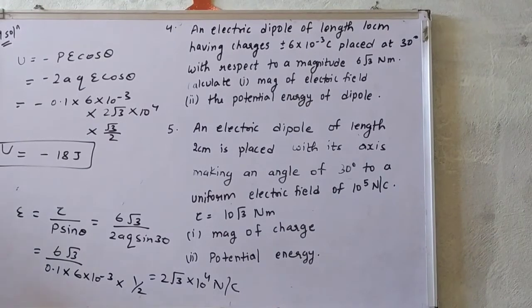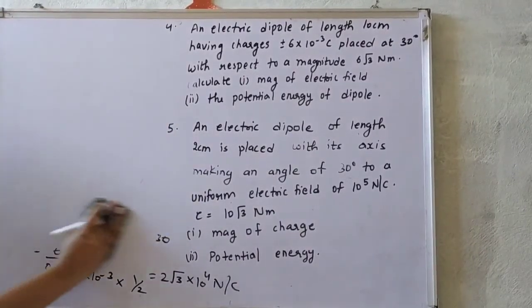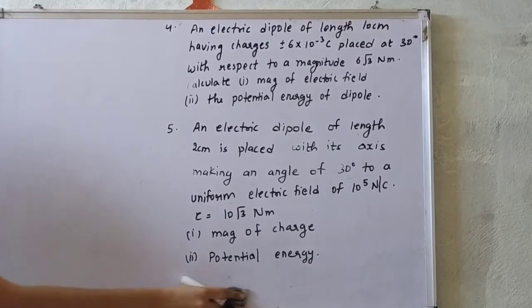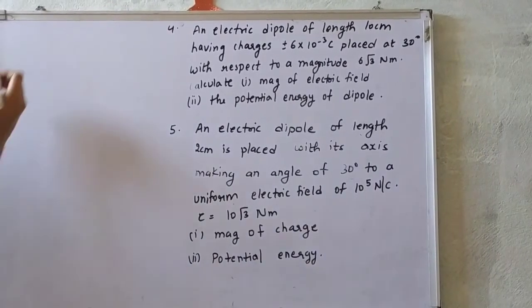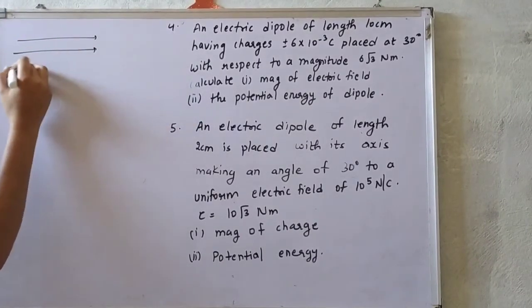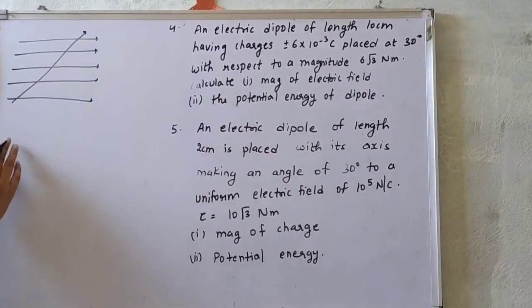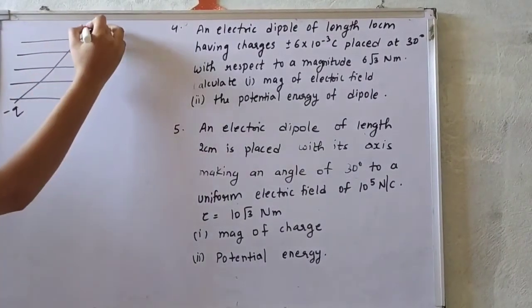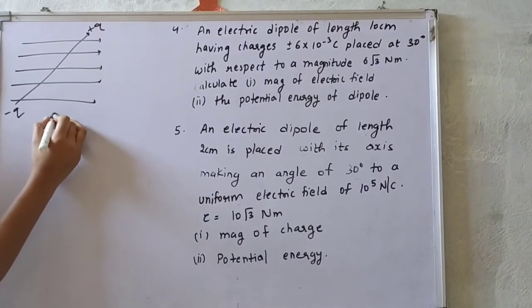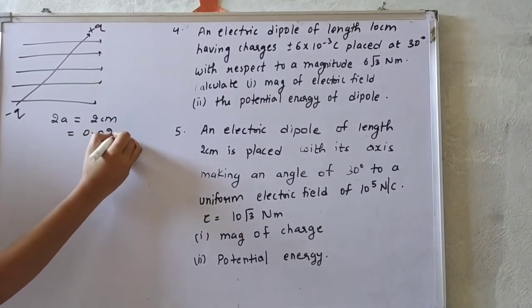Now read question number 5 here. Again we have a uniform electric field, and a dipole of length 2 centimeter is placed over here, with minus q and plus q. The length 2 centimeter means 2a is equal to 0.02 meter.